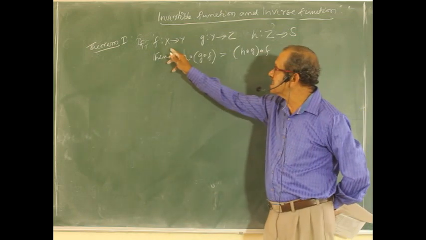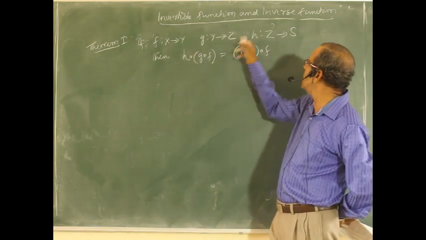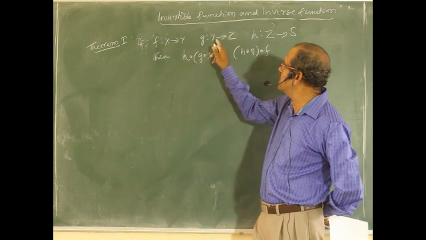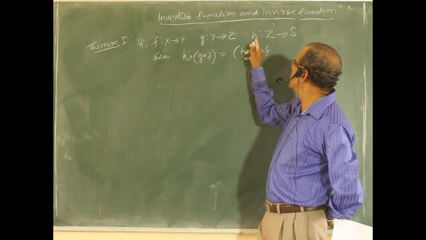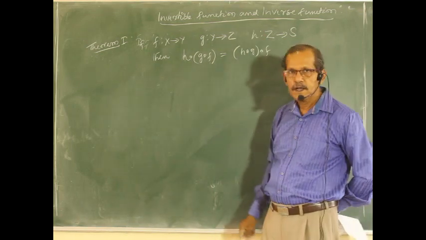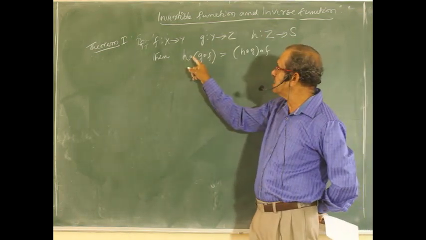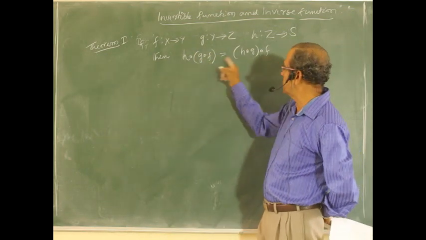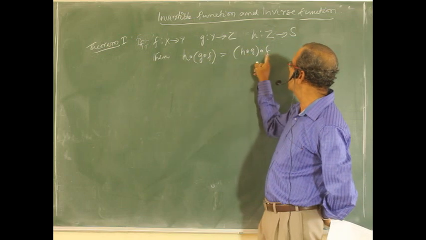The theorem is: there are three functions F, G and H. F is defined from X to Y, G is defined from Y to Z, and H is defined from Z to S. You have to prove the associative property of composition.